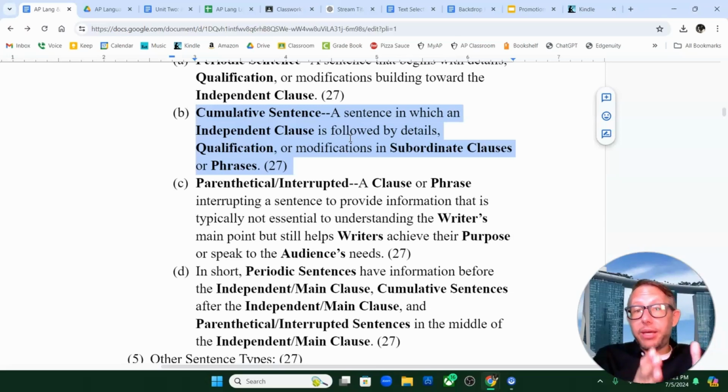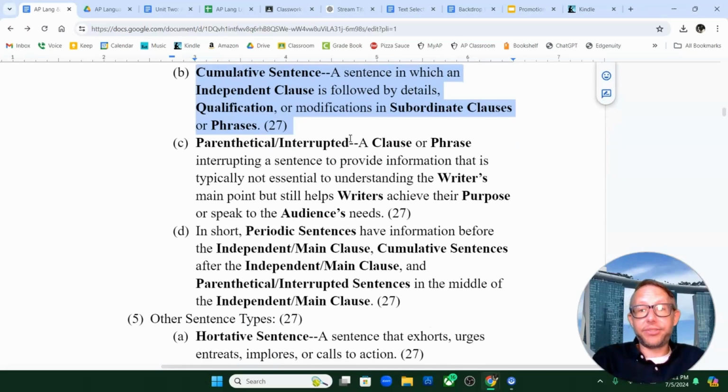So you start off with the independent main clause that can stand all by itself, and then if you want to introduce additional phrases, additional subordinate clauses, or any qualification of when this is true or when this isn't true or why you believe this or things along those lines, that comes after the main clause, okay? So that would be a cumulative sentence in that case, all right?